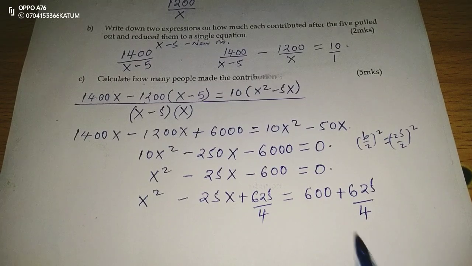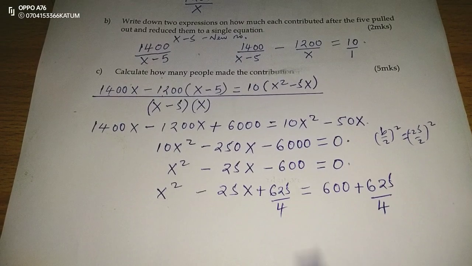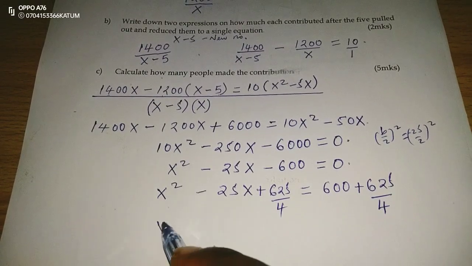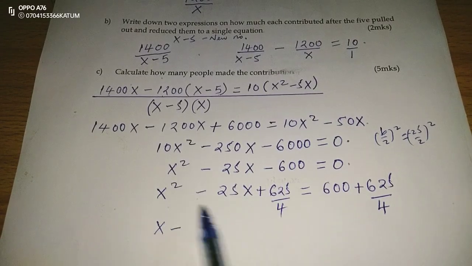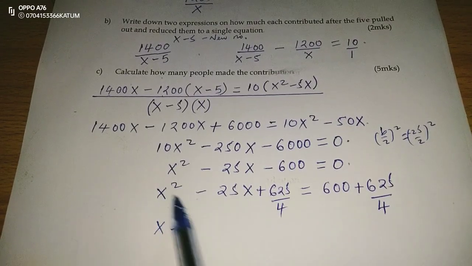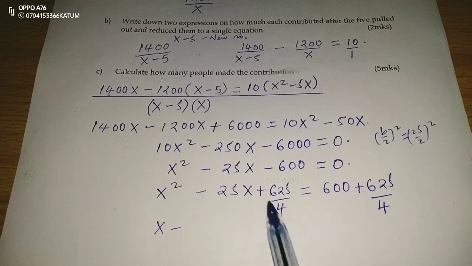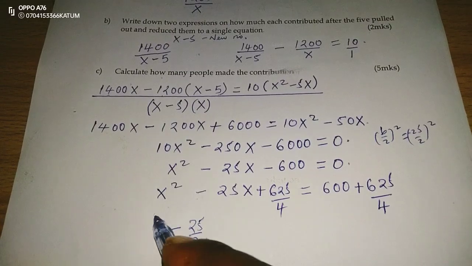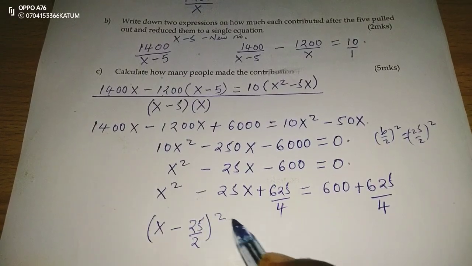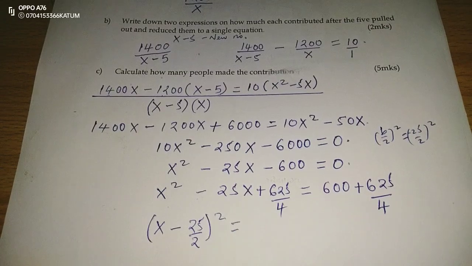Therefore, I can factorize the left hand side, whereby this will become X minus 25 out of 2 squared, equals 600 plus 625 out of 4. To factorize a perfect square, we take square root of the first term, the sign which follows, then square root of the last part.